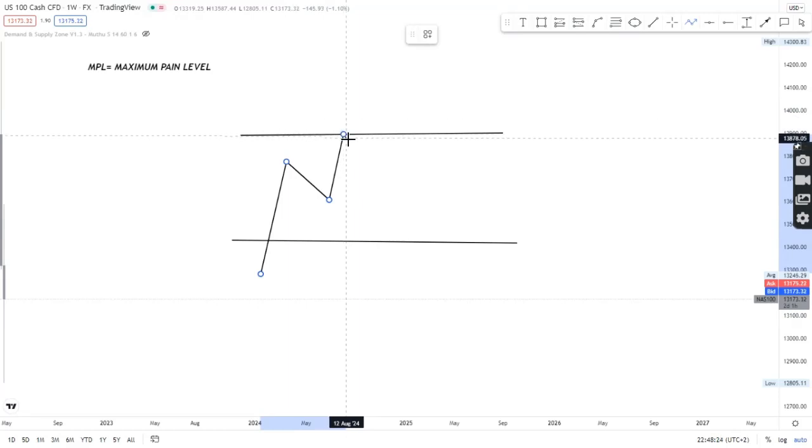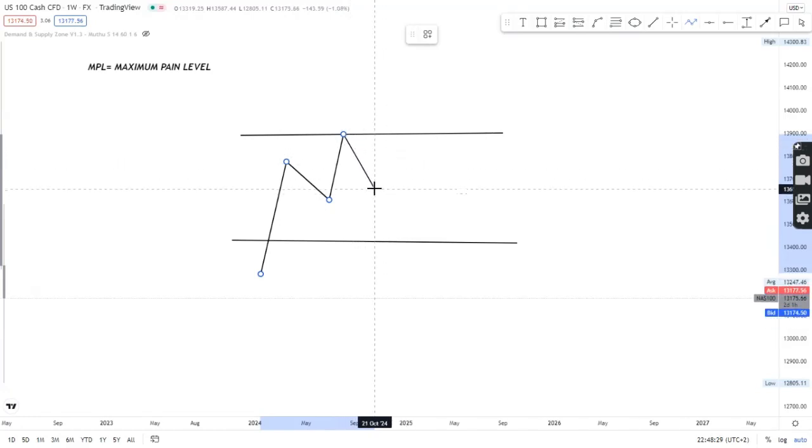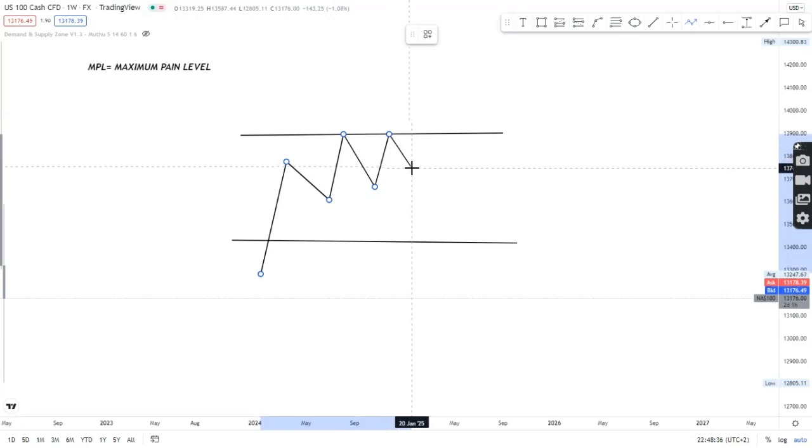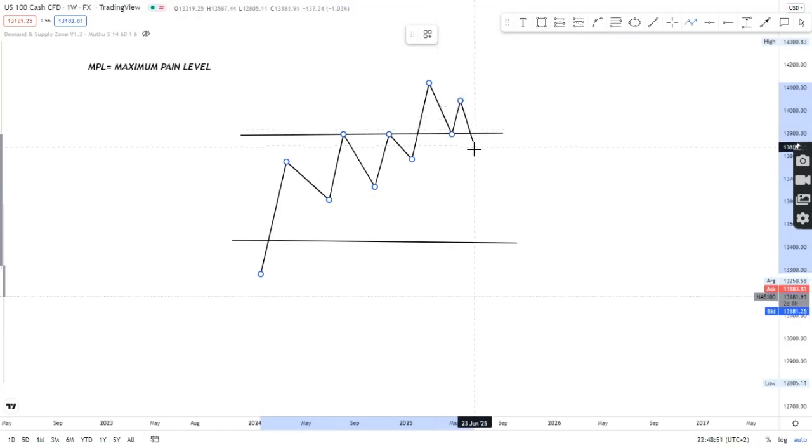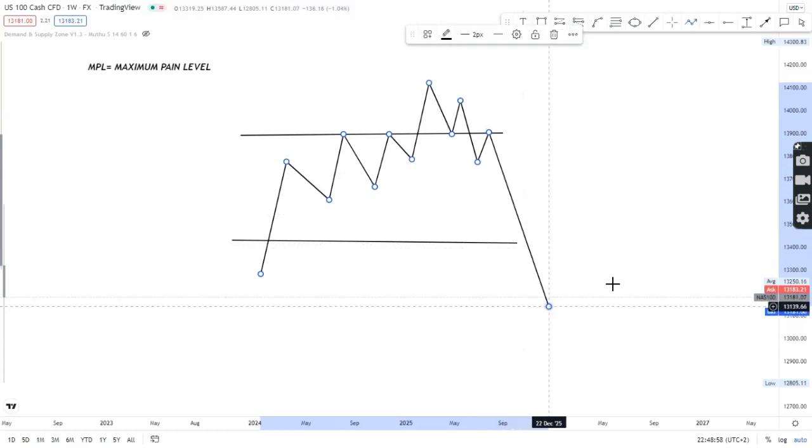It comes to this level right here and then it drops a little bit, comes again to this level and drops for the second time, then it pulls through that level. Then the market comes back again to this level, retests it, goes up, and then drops, then it retraces back to the same level and it drops.